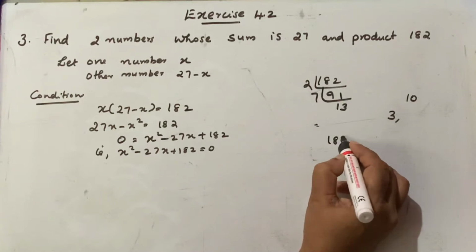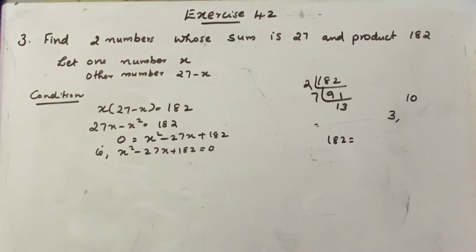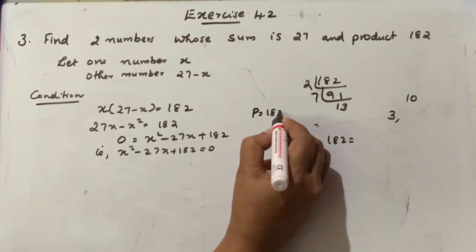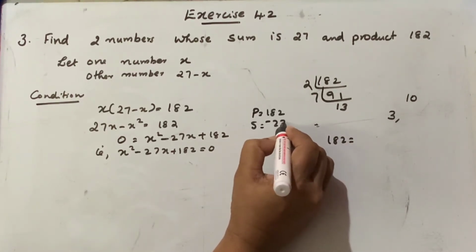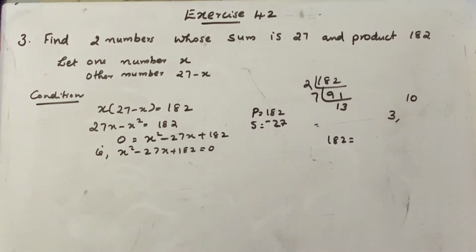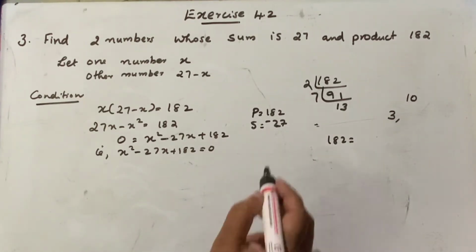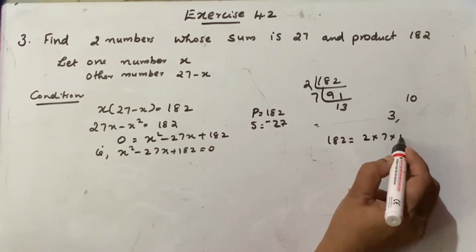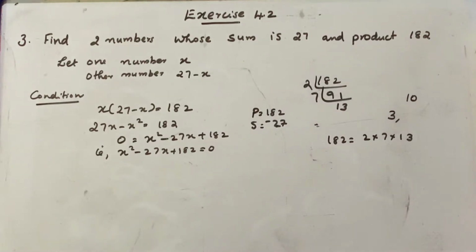So, 182 is equal to 2 into 7 into 13. Here we want the product to be 182 and the sum to be minus 27. You should find two such numbers. So, what are the two factors which satisfy this condition?